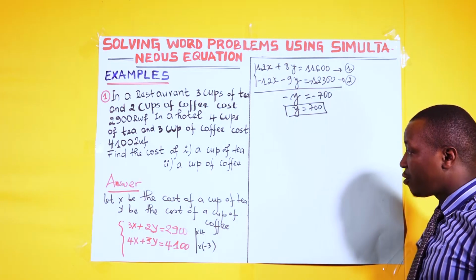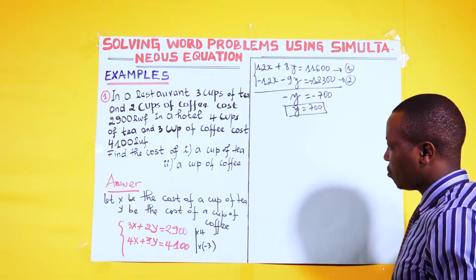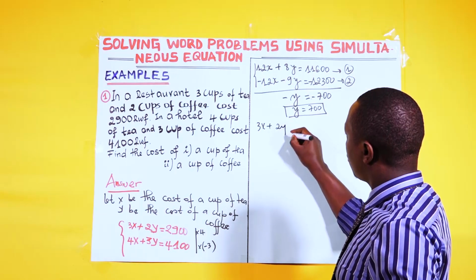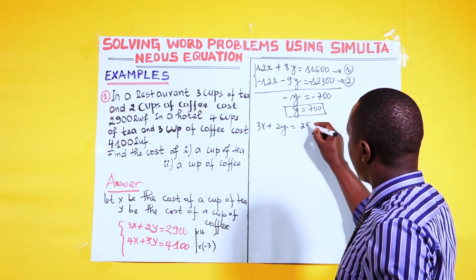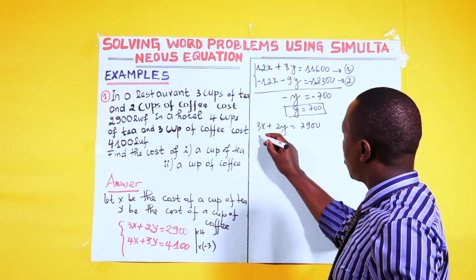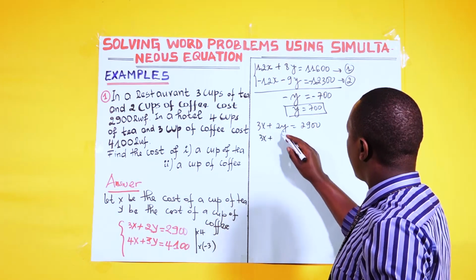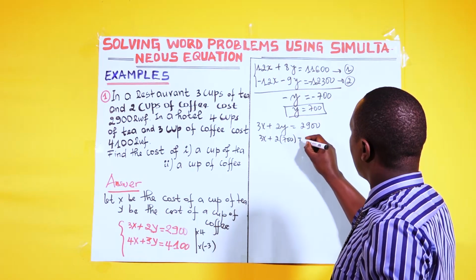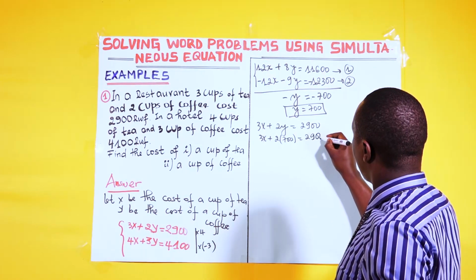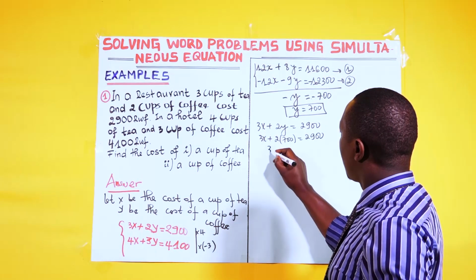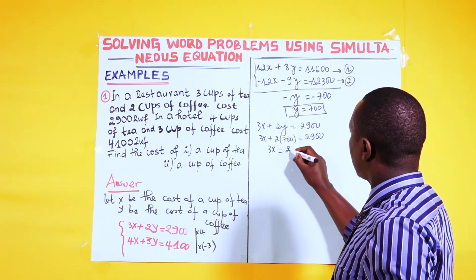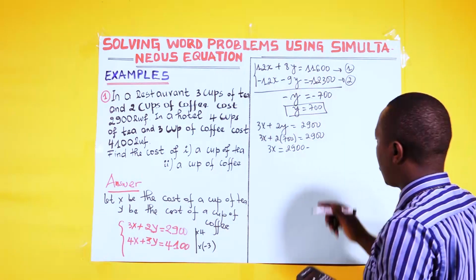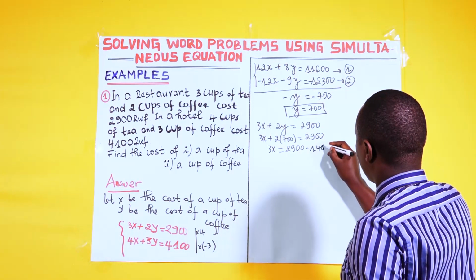We are also to search for the value of x. Here we have 3x plus 2y equals 2,900. So 3x plus, we know the value of y is 700, 2 times 700 equals 1,400.